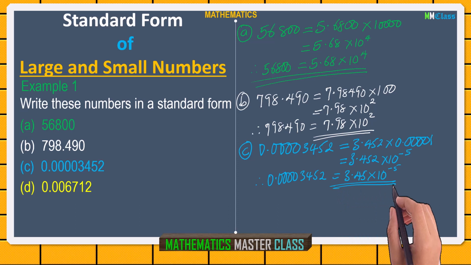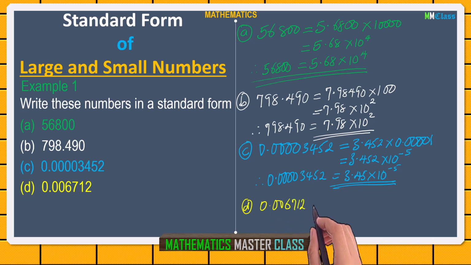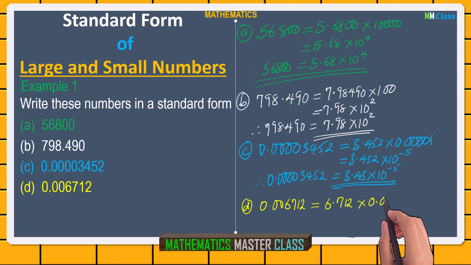Now let's move to the last part of this. So the D part will have 0.006712. So this will be equal to 6.712 times 0.001.